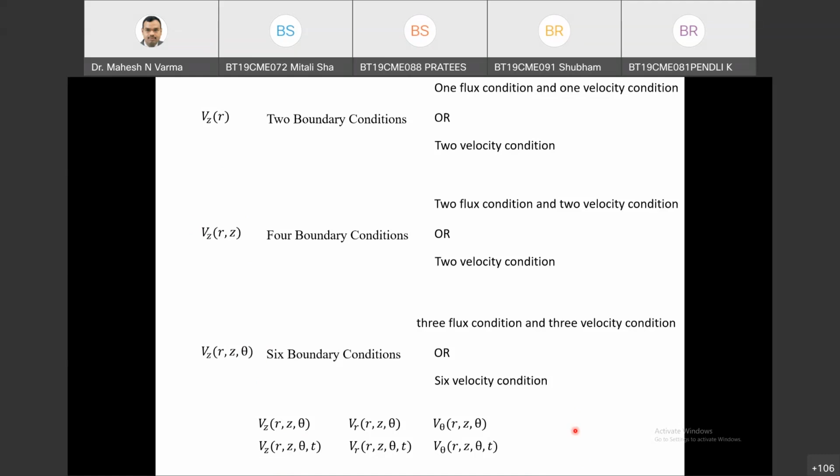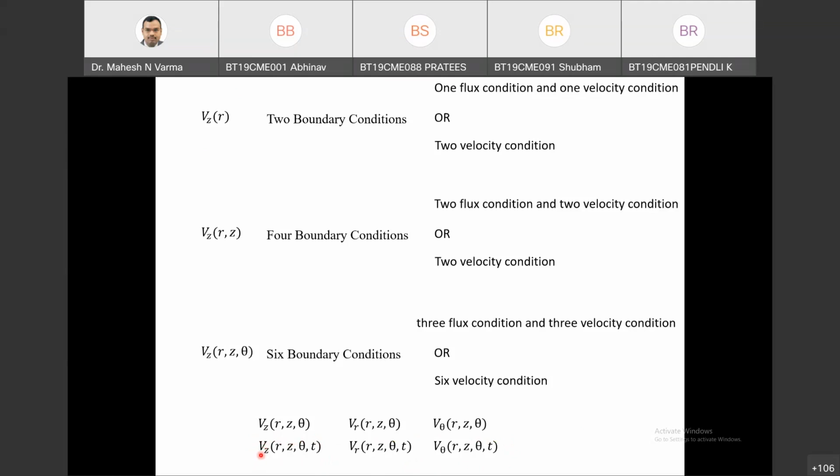Abhinav? By taking assumptions. No, taking assumptions means we will reduce down to this form only. Without assumptions, can it be solved? No assumptions.